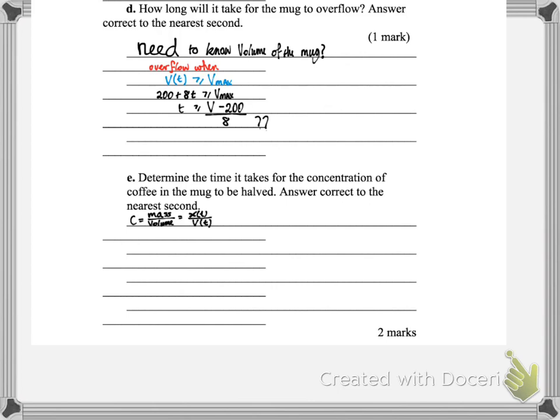So we know the mass of the coffee in the cup, that is x as a function of t, and we know the volume of the boiling water in the cup as well. That's V as a function of t. So the concentration of the coffee must be the division of those two functions.